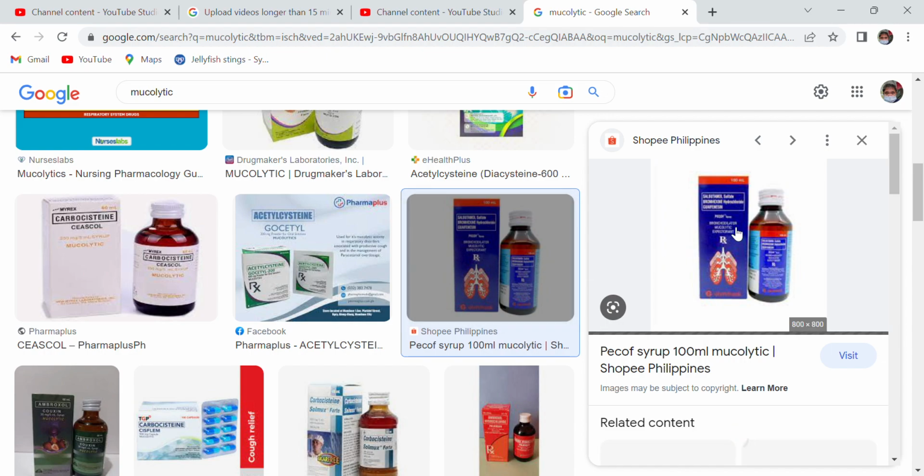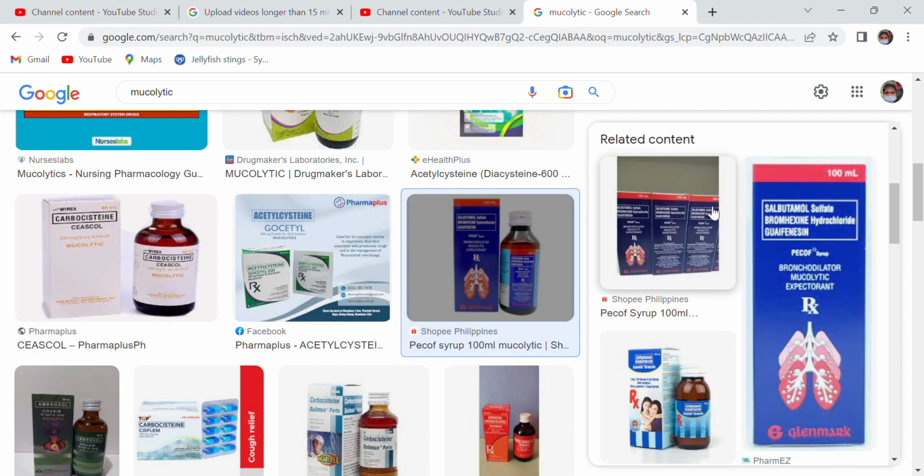This one is a PCOF that has a content of salbutamol, bromhexine, and guaifenesin. So it is a bronchodilator, mucolytic, and expectorant. If your cough has a component of bronchial asthma, this is a good choice of medication.